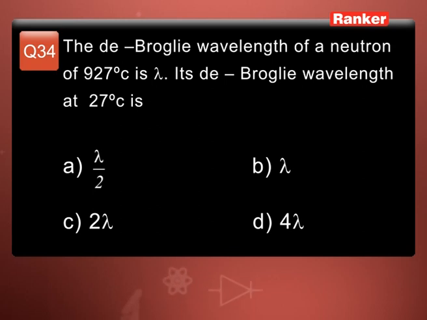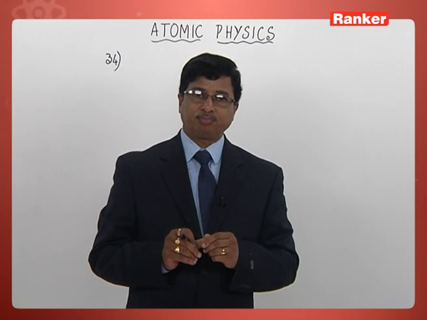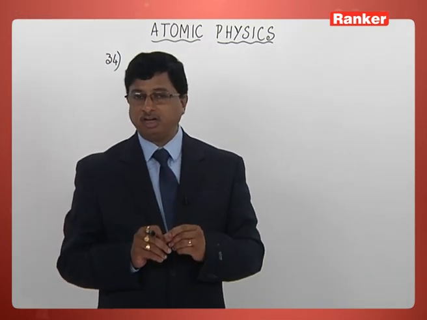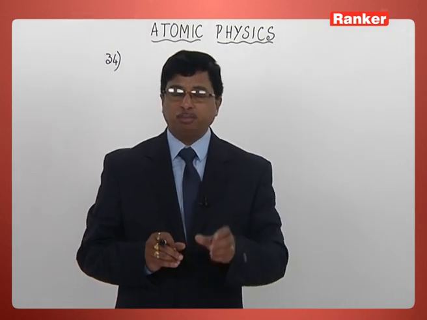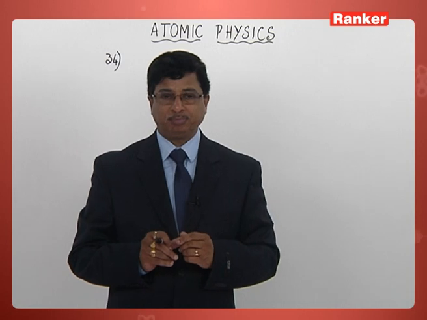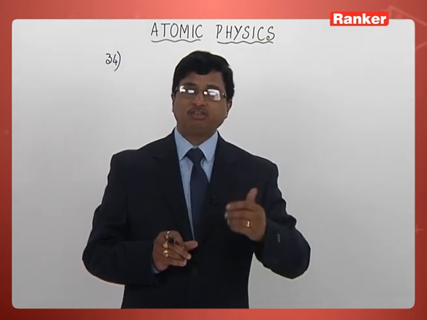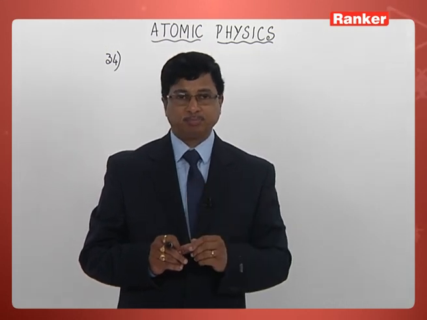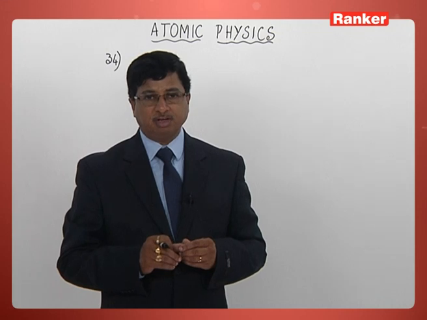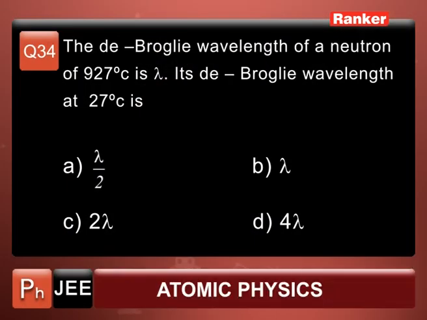Its de Broglie wavelength at 27 degrees centigrade is how much? One temperature is 927 degrees centigrade, which if you add 273 becomes 1200 Kelvin. The other temperature is 27 degrees centigrade, which can be taken as 300 Kelvin. So what are the 4 options given? First option is lambda by 2, second is lambda, third is 2 lambda, and fourth is 4 lambda.